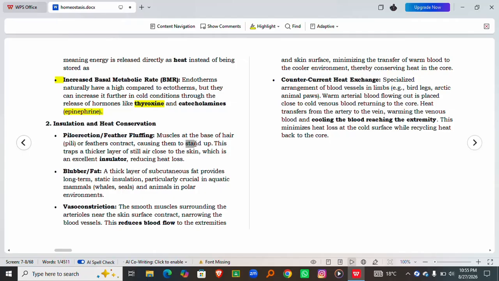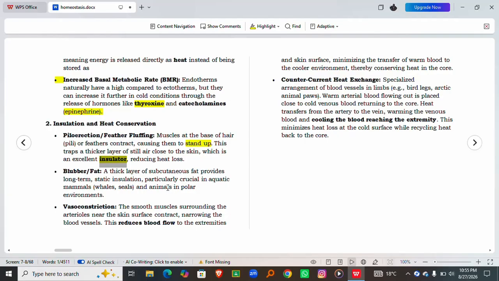When the hair stands up, it is going to trap a layer of air around the skin. And because air is a bad conductor of heat, the air is going to work as an insulator against heat loss. And this will prevent the loss of heat from the body.